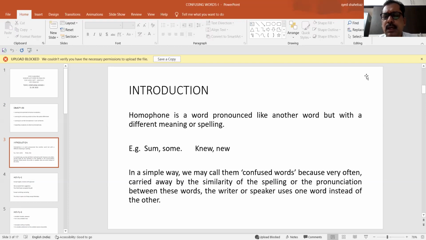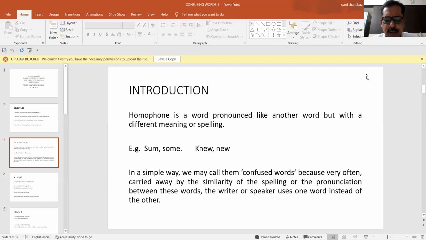So the speaker or the writer tends to use one word instead of another because of this striking similarity among these words. This creates a lot of confusion, sometimes embarrassment.